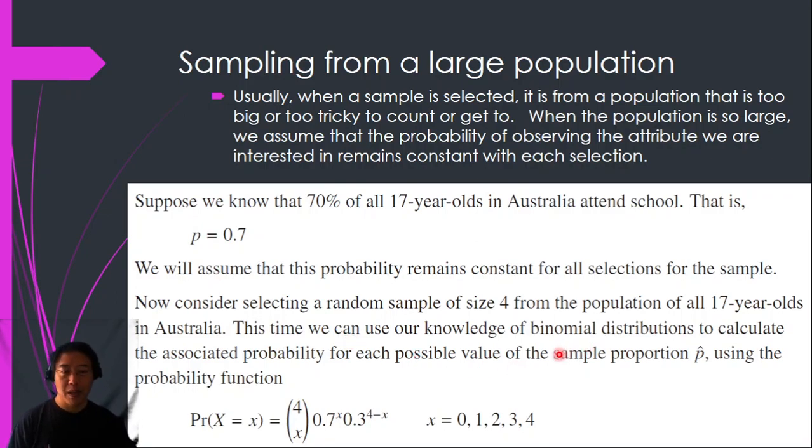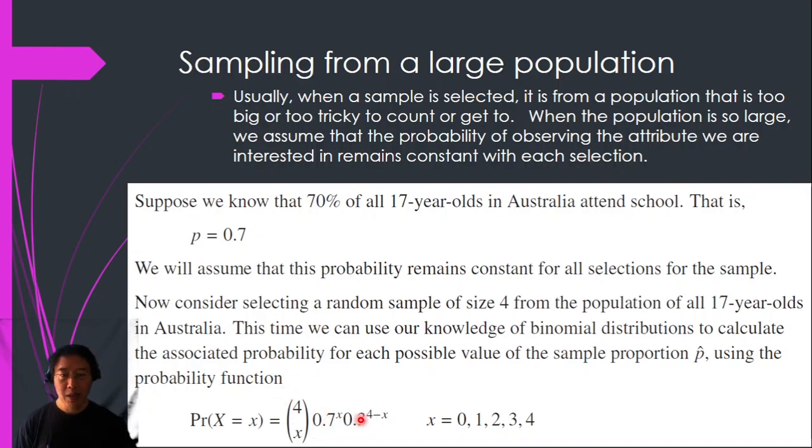Now, when you do your sampling, you have a size of 4. Your probability that you get a certain number of students attending school will go from 0 to 4, 4 being your sample size, and you're going to use your binomial formula to determine the probability.